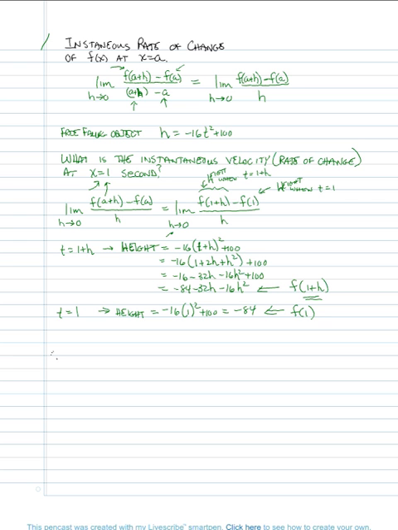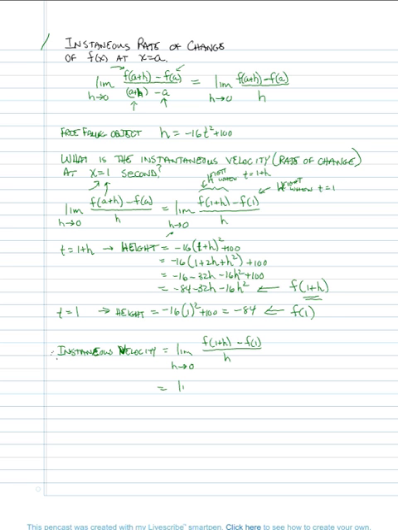So we go back to our problem now. Instantaneous velocity is the limit that we saw set up there: the limit of f of 1 plus h minus f of 1 divided by h as h approaches 0.